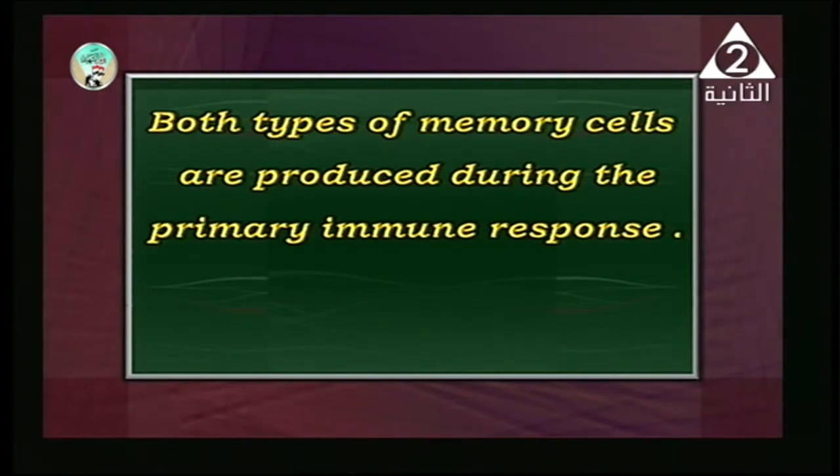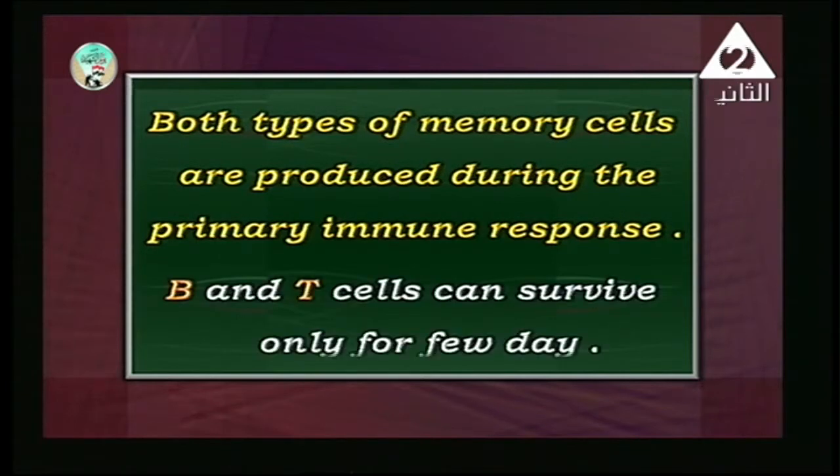After that, the B and T cells can survive for a few days. Remember that. We have some cells that can survive for a long time, like memory cells. As we said, they can stay more than 20 to 30 years inside your body, and sometimes they remain till death, continuing like your life.